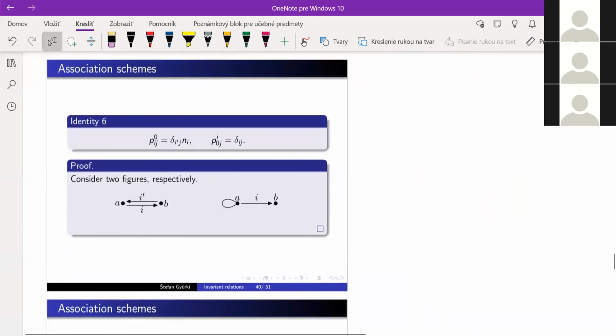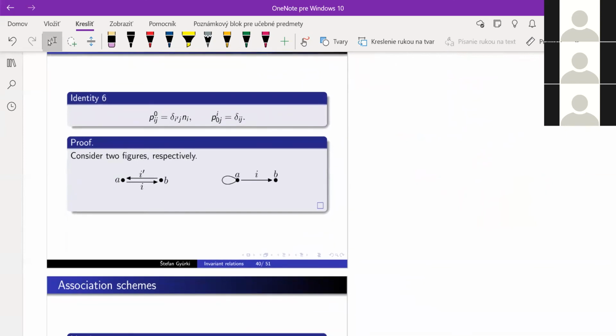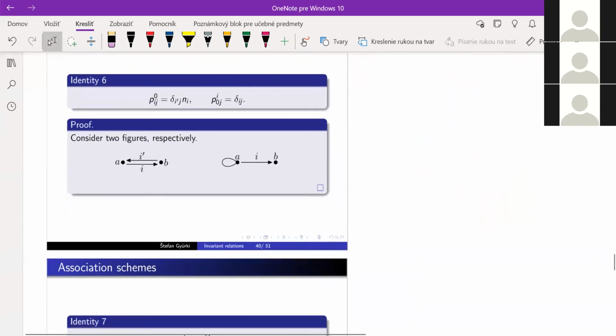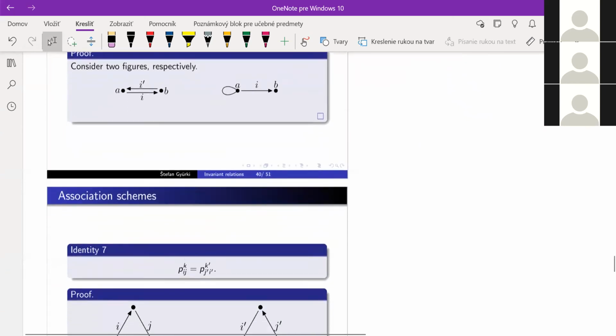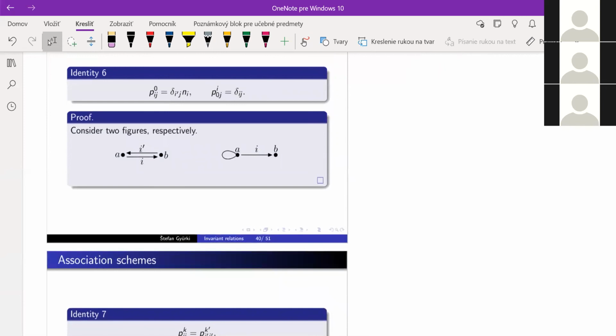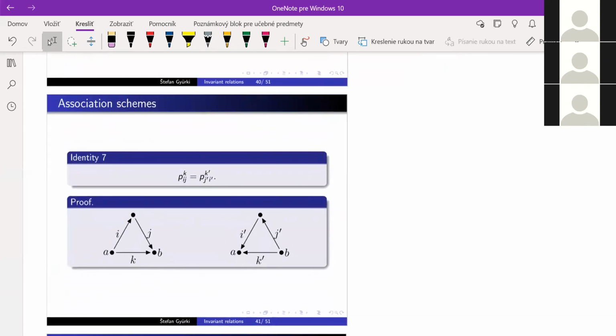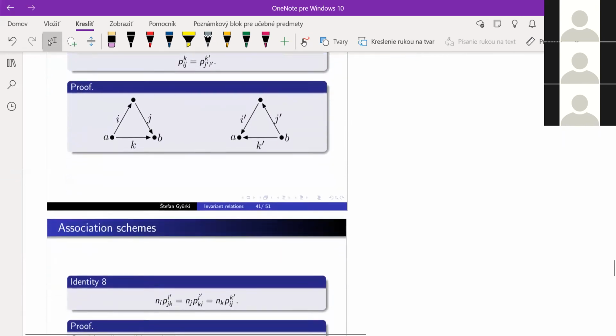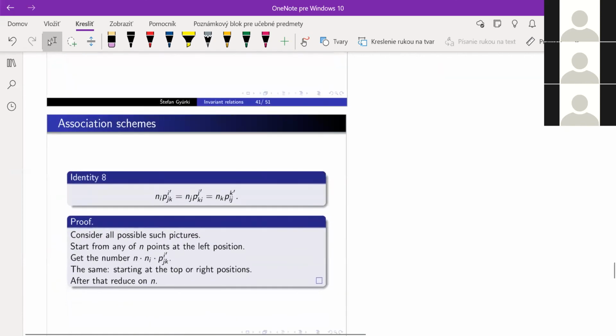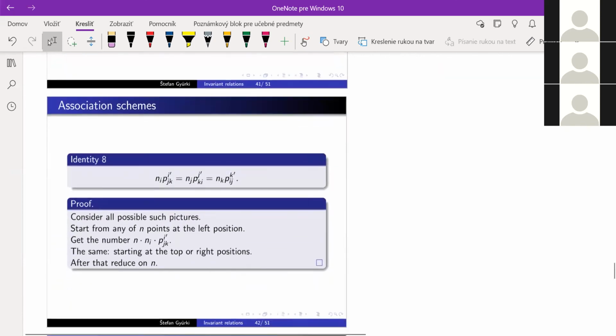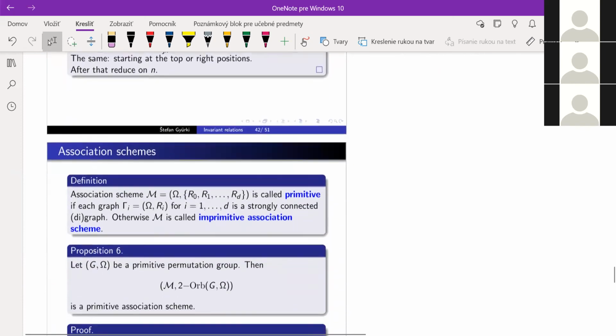Now, I will leave the next three identities as homework. Identity 6 is quite easy. It is saying just what is going on if you consider what is going on around a loop. Identity 7 says what is going on if you simply transpose the picture. And identity 8 is a little bit more complicated, but a hint will be given.